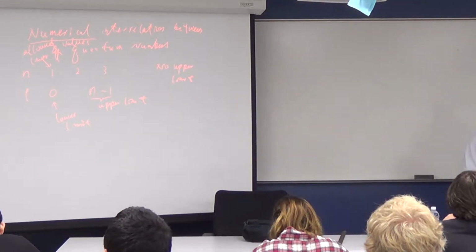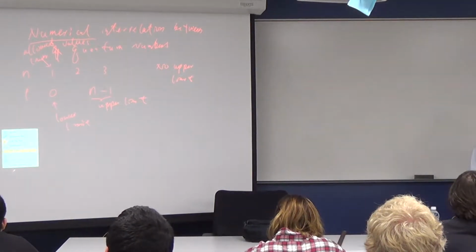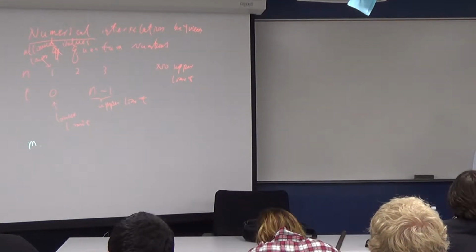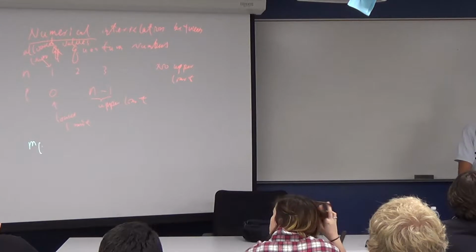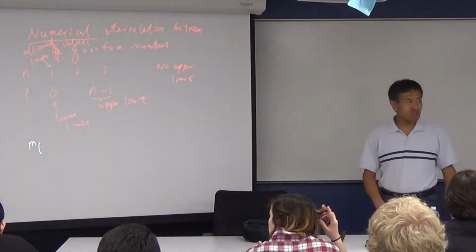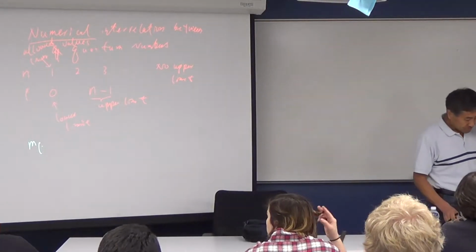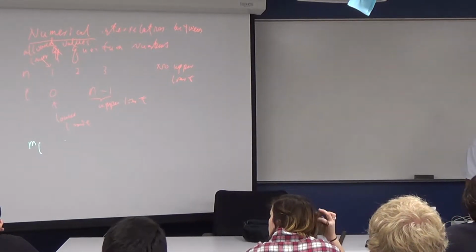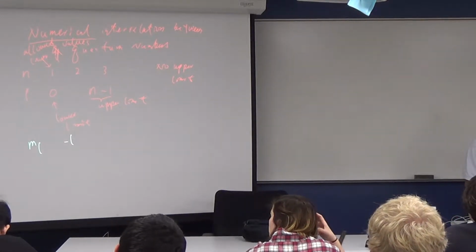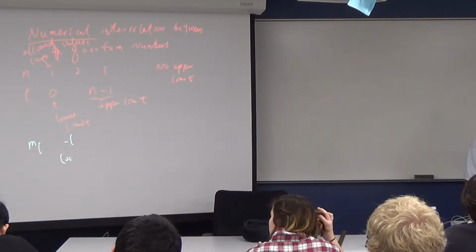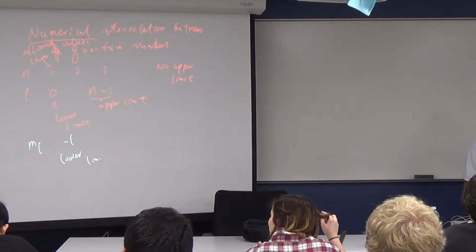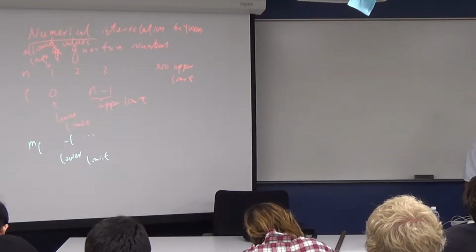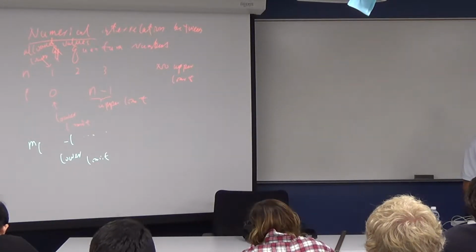The next number is ml, m subscript l, the third number. This will be our lower limit, and again I use dots, including 0.